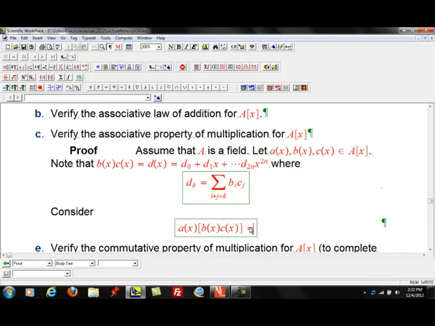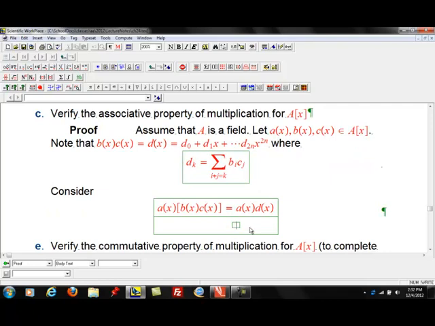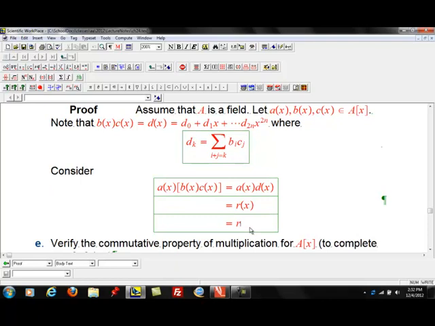That just becomes a of x times the d of x, right? But now apply your multiplication rule to a of x times d of x, and you get this is equal to some r of x, which we can call r0 plus r1 x plus all the way up to, what is the power for this r of x going to be?